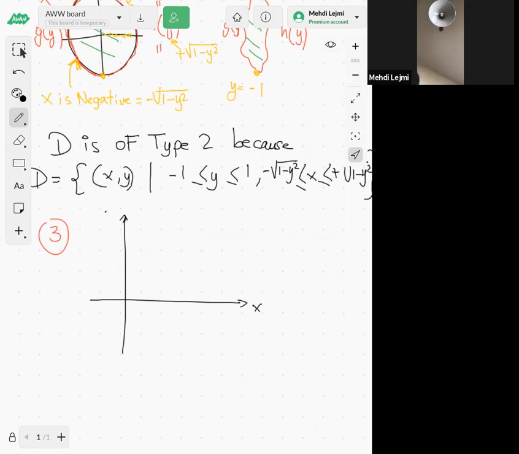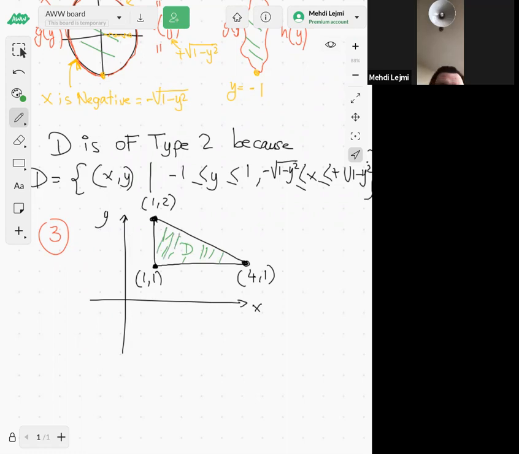X-axis, y-axis, and we have this triangle. This vertex has coordinates 1, 1. This vertex has coordinates 4, 1, I think, and this vertex has coordinates 1 and 2. And of course, our region D is the interior of this triangle.